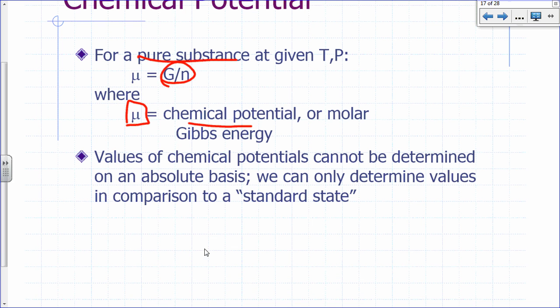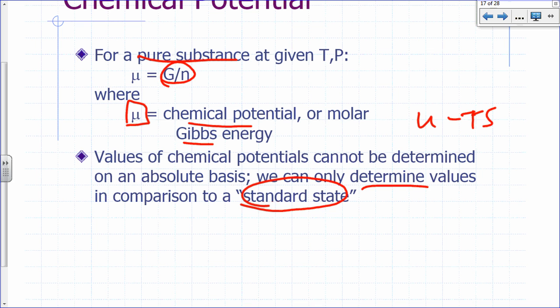Now, values of chemical potentials cannot be determined on an absolute basis because Gibbs energy is U minus TS, and you can't really give an absolute scale for U or G for that matter. We can only determine values of chemical potential in comparison to what we would call a standard state.